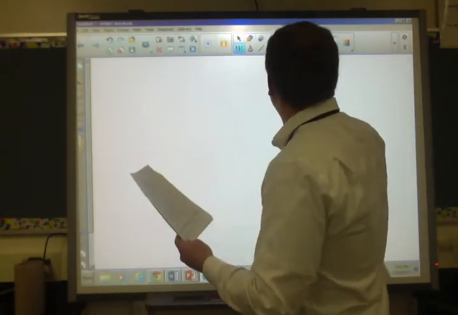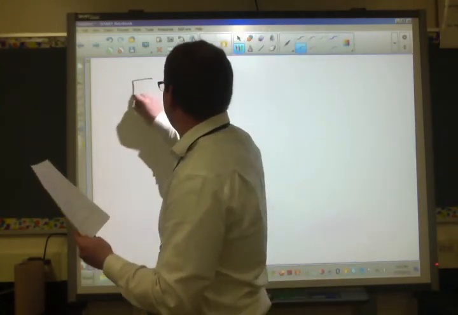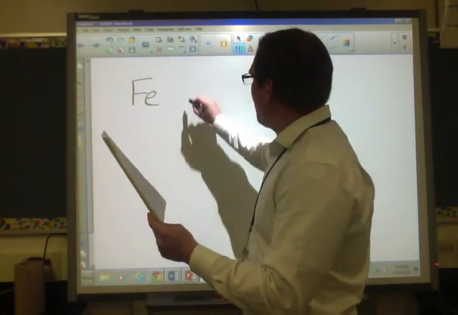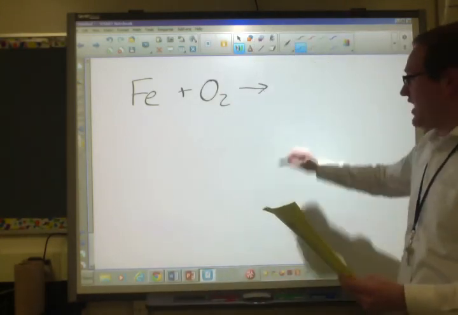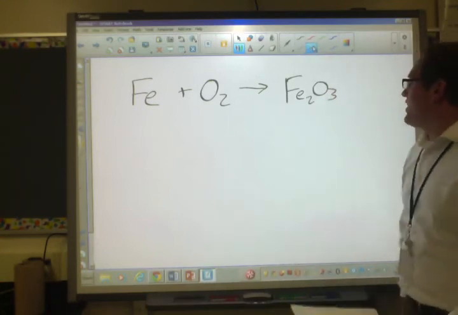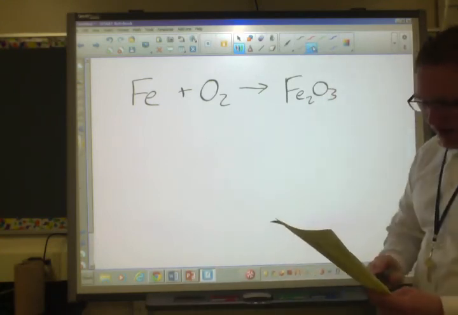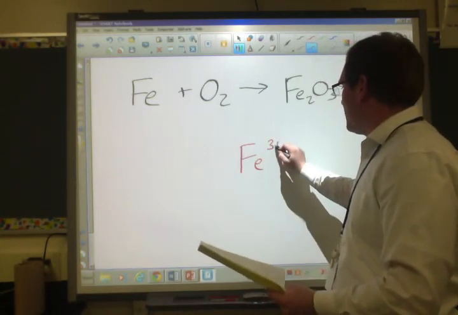Steel wool burns to form iron 3 oxide. We've done this one plenty of times. Steel wool is iron. Burns plus O2 to form iron 3 oxide, Fe2O3. Iron 3 oxide, so it's an Fe with a charge of 3 plus.